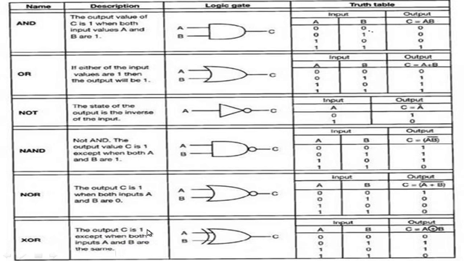In other words, we can say that this XOR gives high output when either A is true or B is true, but not both. Means both should not be true. Why did I revise all these gates? Because we have to use all these gates in the next topic of today's video lecture. Okay students.